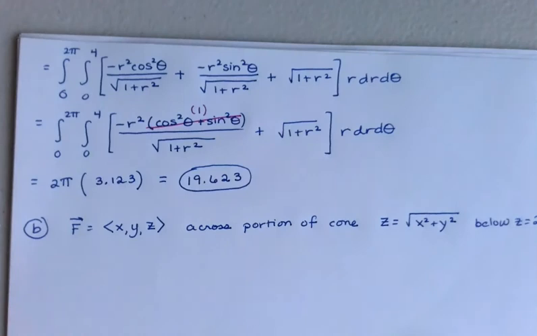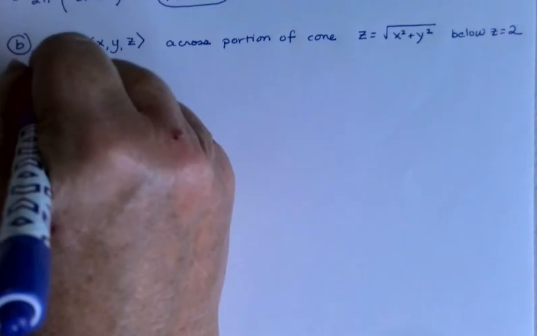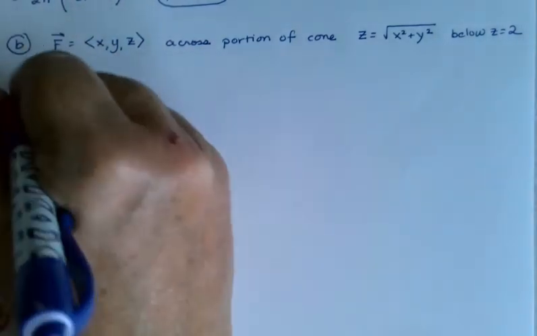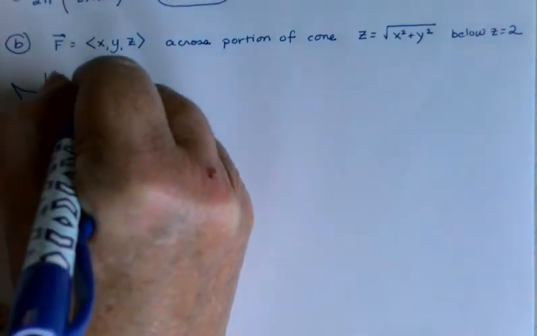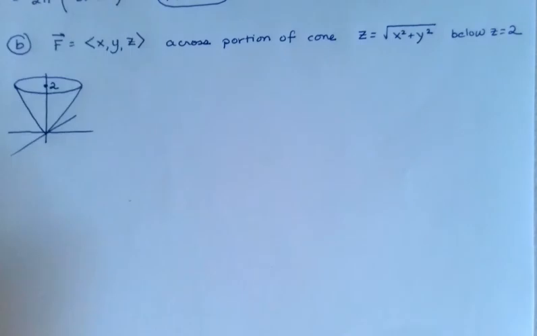Let me reset this again. All right, so this time, my surface is a cone. And it's only the part of the cone that's below z equals 2.